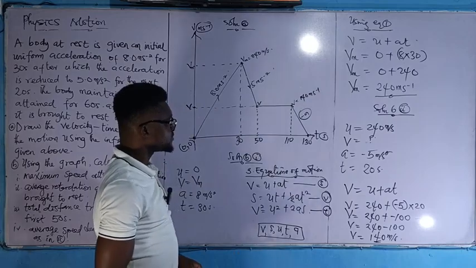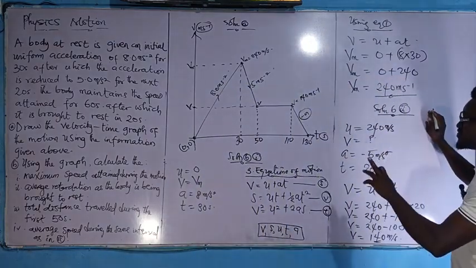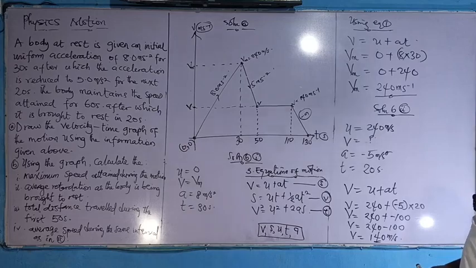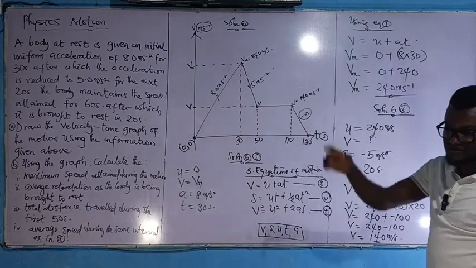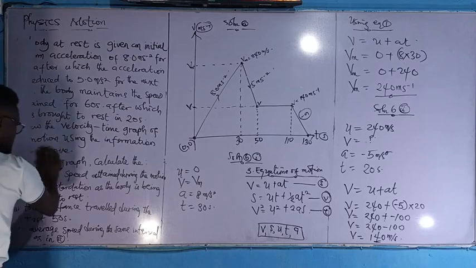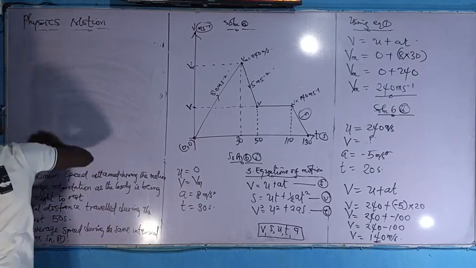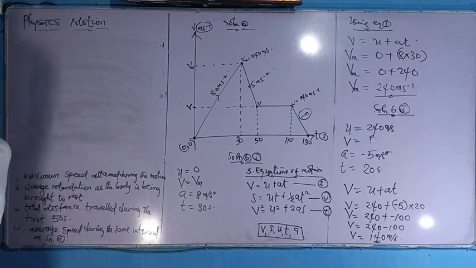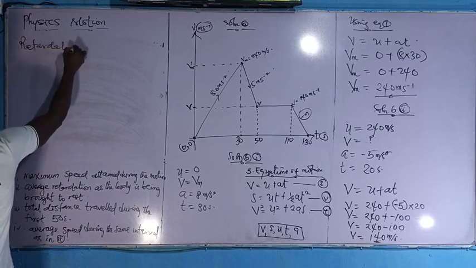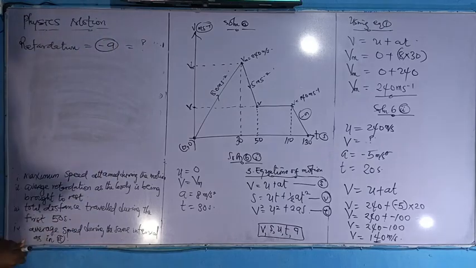Now we can get the retardation. So what will be the retardation in that case? Getting the retardation as a negative acceleration, we have to write down the parameters. Let me solve it on the other side. So the retardation, which is the negative acceleration, will be equal to what?